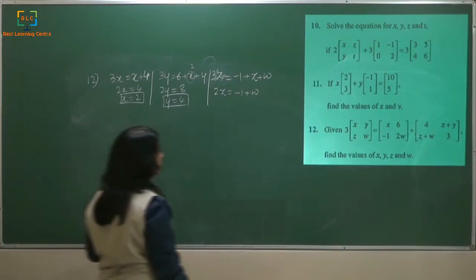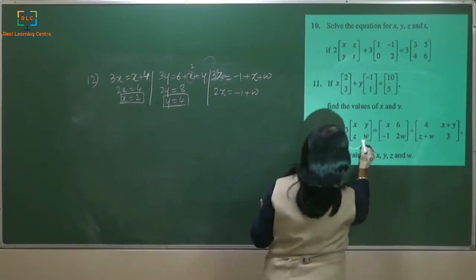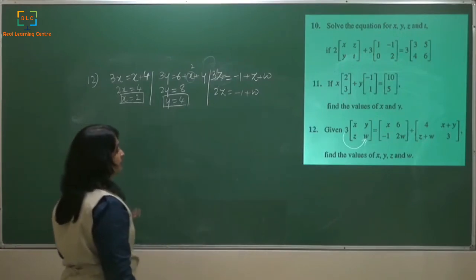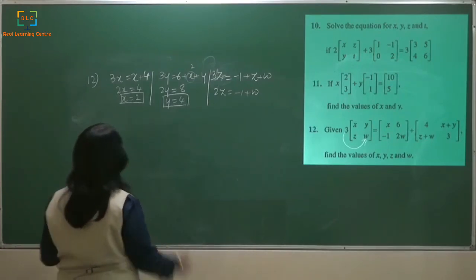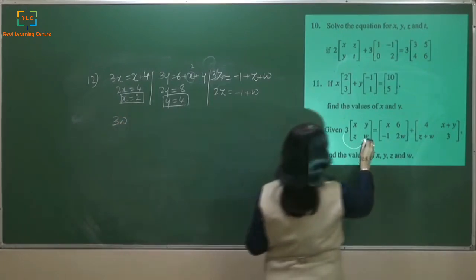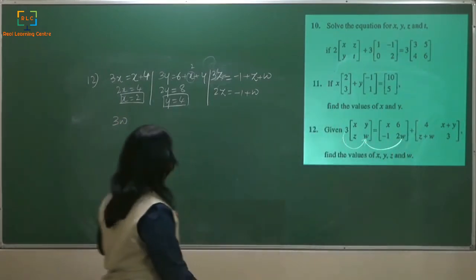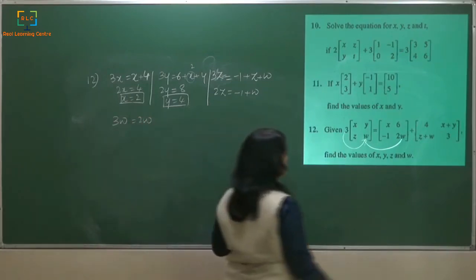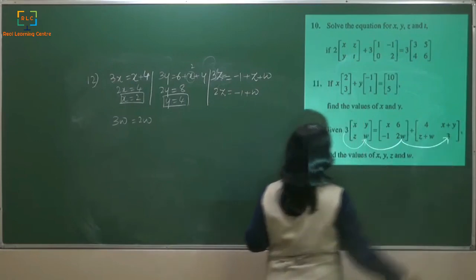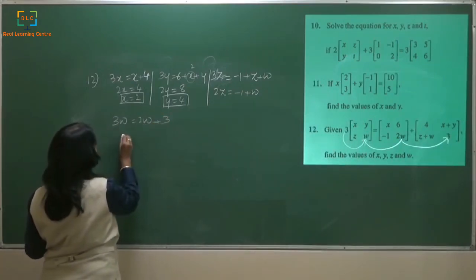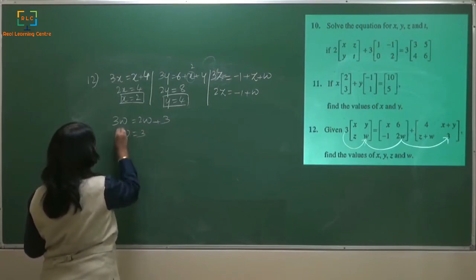The next equation, I shall take the next corresponding elements, that is with respect to a22, correct, right? Second row, second column, a22, 3w. 3w is equal to 2w plus 3. 3w minus 2w is w is equal to 3.